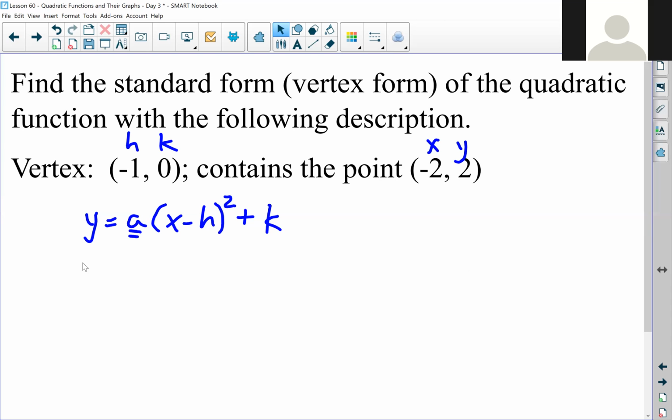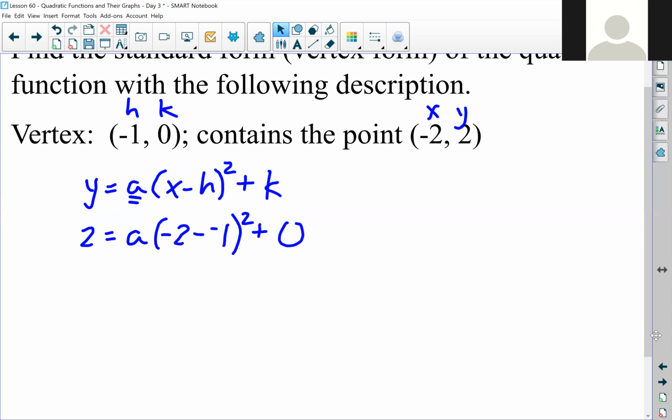So y equals 2. We don't know a. x is -2. h is -1. And k is 0. And then it's simplifying and solving for a.